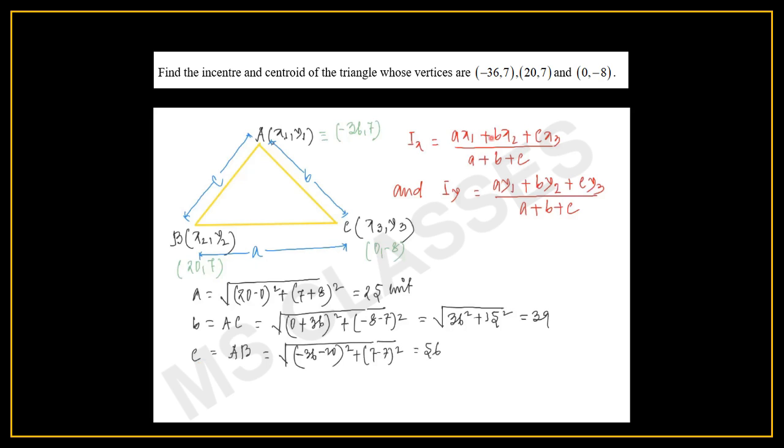Now we'll simply substitute in the formula and get the coordinates of the incenter.